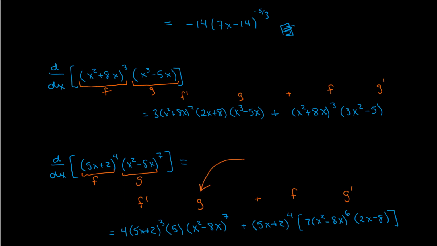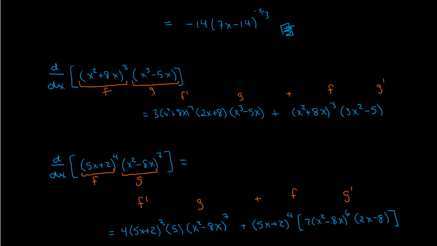That's x squared minus 8x, that whole thing raised to the 7th power, plus, oh yeah, that's in the product rule. Then the next factor is f. Copy down the 5x plus 2 to the 4th power. Got that. And the very last factor in this is going to be the derivative of g.